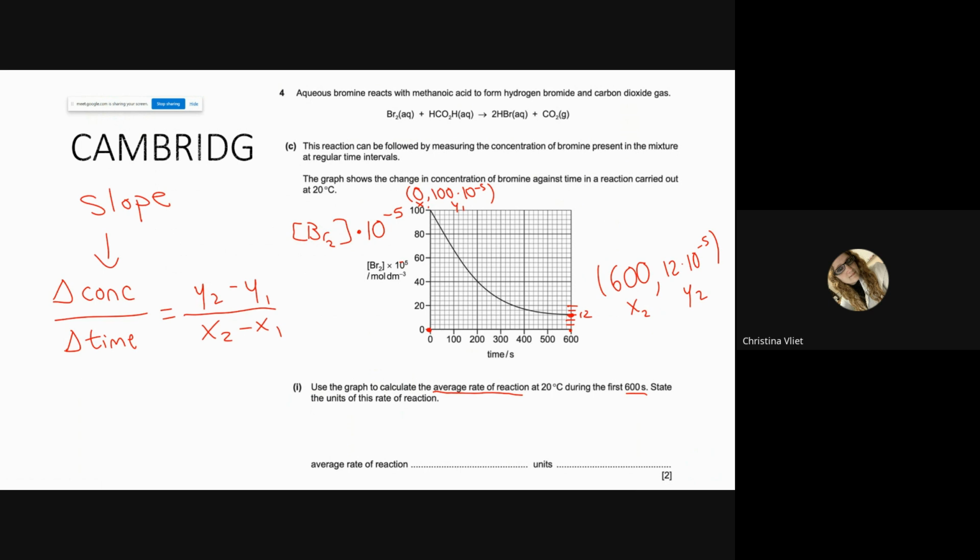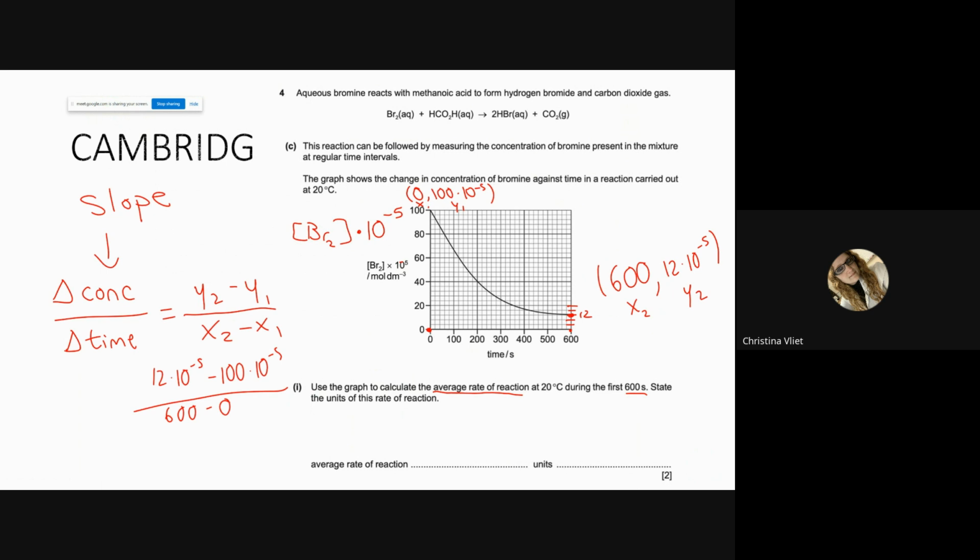So then what's the math here? What do we have to do? We have to subtract 100 times 10 to the negative 5 from 12 times 10 to the negative 5, over 600 minus 0. Go ahead and do that. Does the method make sense?